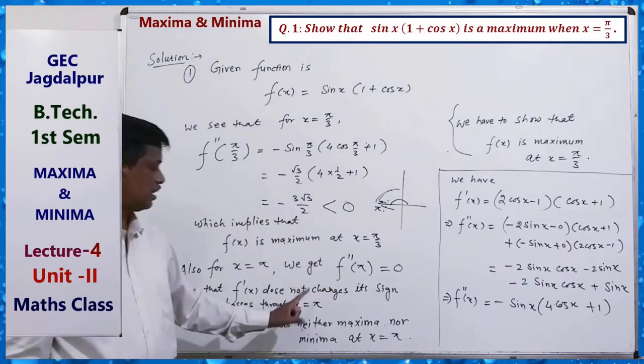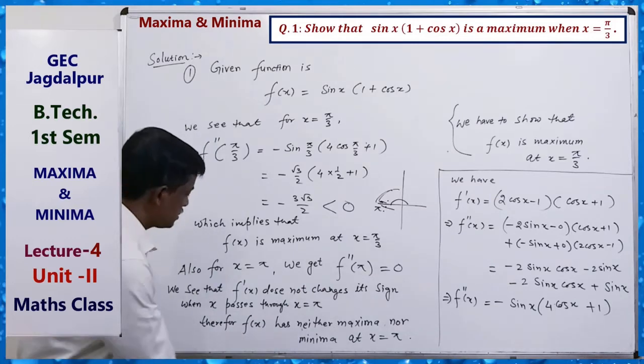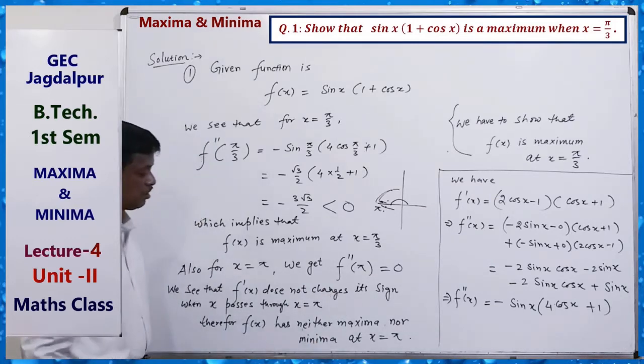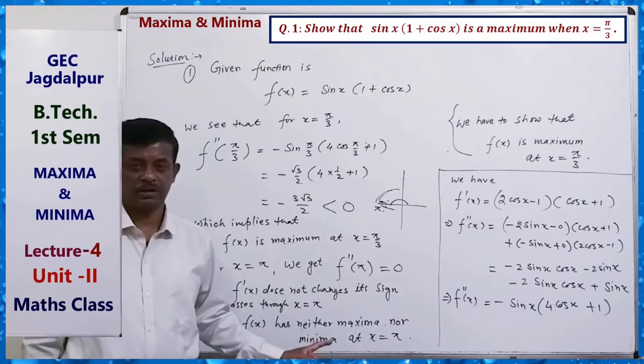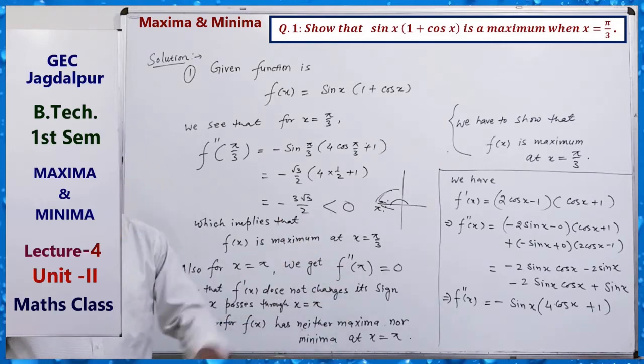Therefore, f(x) has neither maxima nor minima at x equals pi.